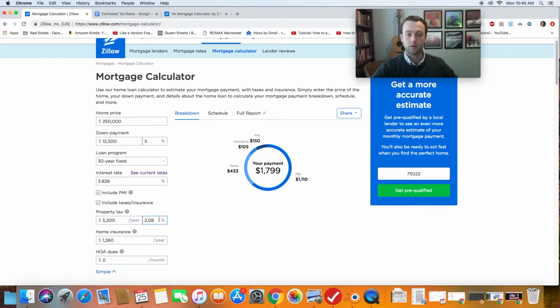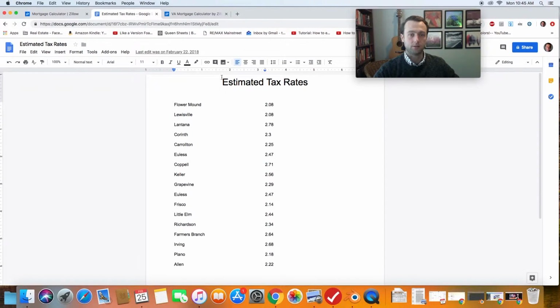This is Flower Mound and Lewisville's tax rate. Even within the DFW area or Texas at large, different cities and towns are going to have different tax rates based off their school district budget and city budget and all that. So I did make a sheet for you to refer to. These are just some of the other areas that I work in.